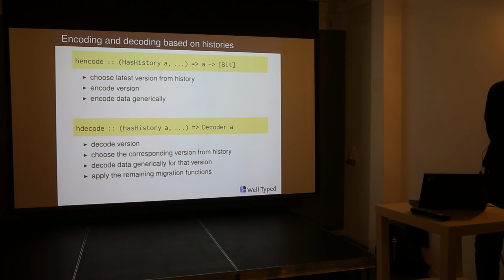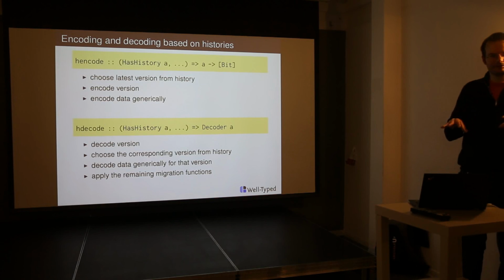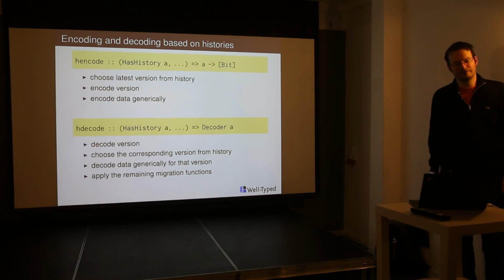So it depends on, you need to keep something around. I mean, the approach I took here was to say, when I actually make the change to the data type in my source code, I will make it destructively, but document what I've done by editing the history at the same time. And the compiler will check for me that I do these two things in a compatible way, otherwise I will also get a type error immediately.